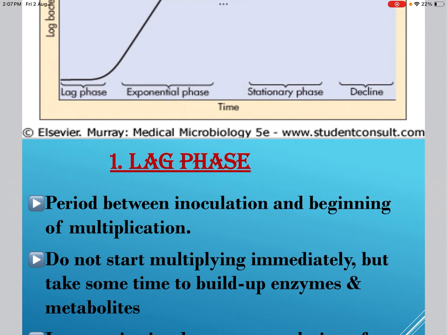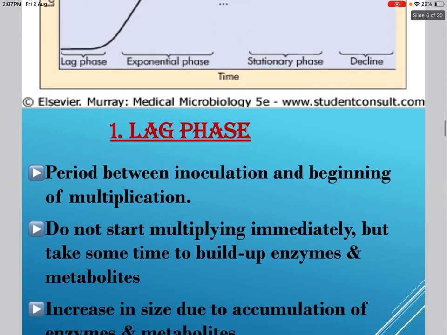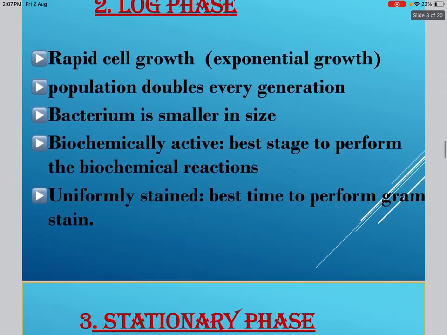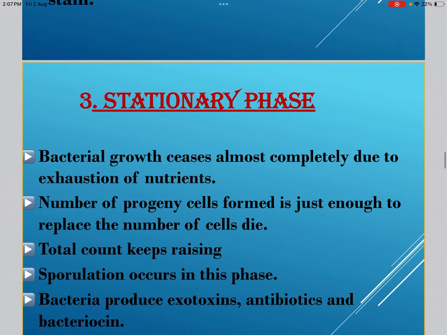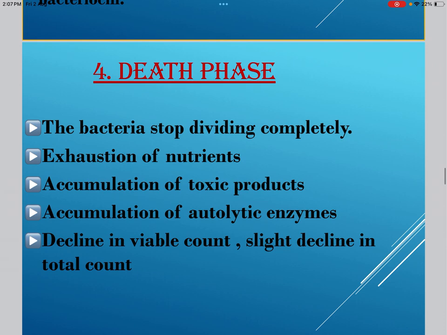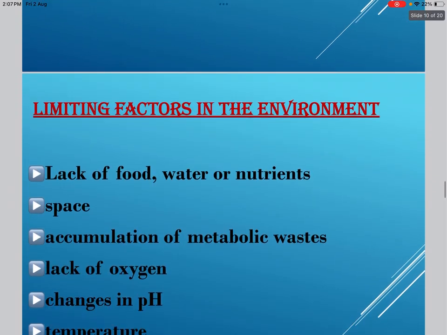In the lag phase there is no multiplication of bacteria, whereas in the log phase bacteria multiply, and in the stationary phase there will be an equilibrium between the number of new cells and the number of dead cells. And at the last stage there is complete exhaustion of nutrients, and the dead cells increase and the number of living cells is very less.